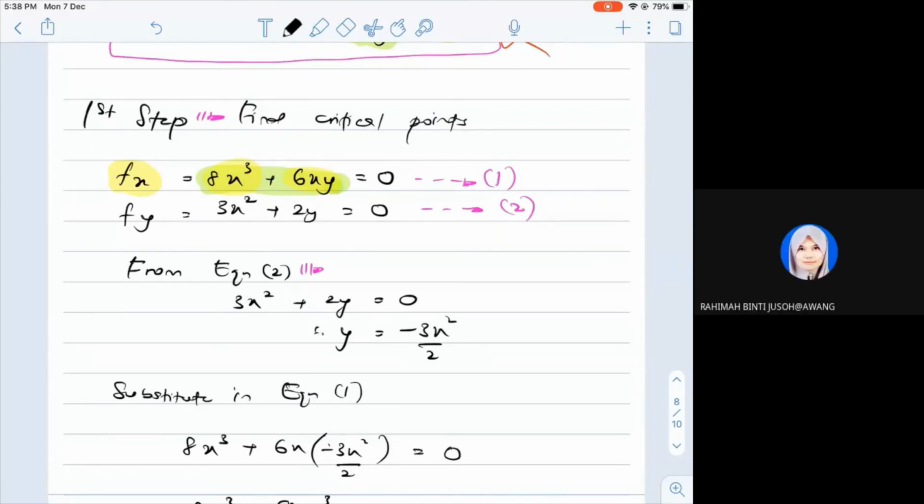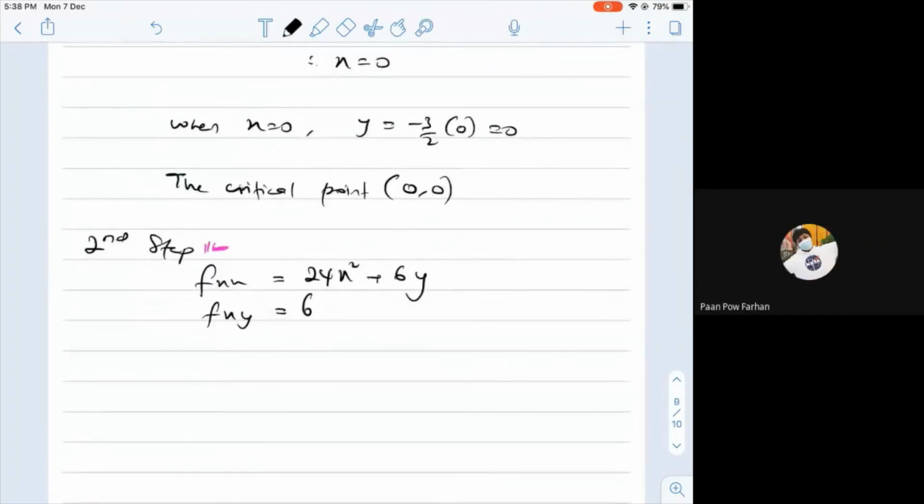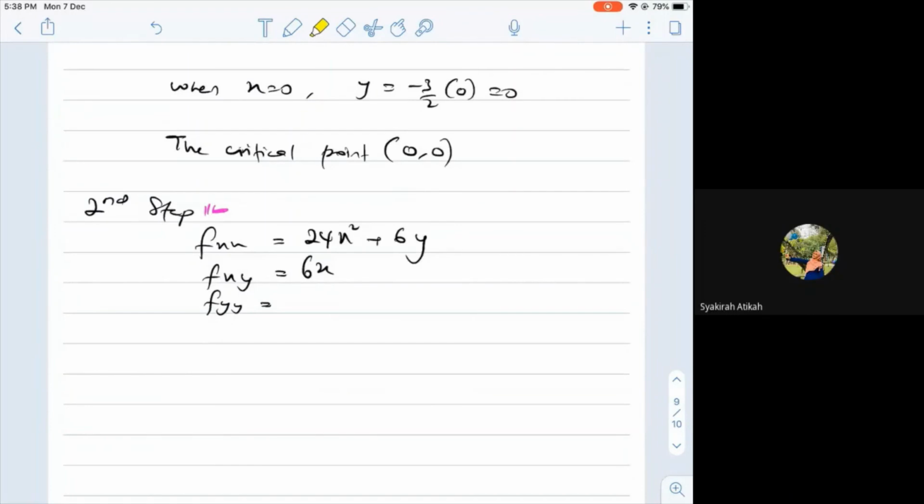So 8x cubed dapat 0, 6xy differentiate with respect to y, we will get 6x, isn't it? Yeah. Okay, next fyy. Nak kena refer apa? Equation of fy. Kena refer yang ni. So differentiate this again with respect to y. 3x squared ni constant dapat 0. So differentiate to y, we will get 2.